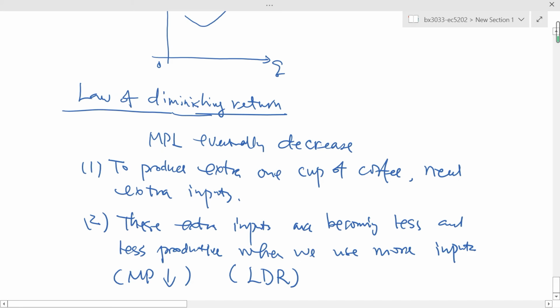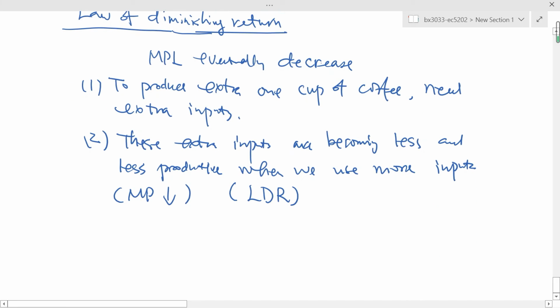Okay. So these extra inputs are becoming less and less productive when we use more and more inputs.